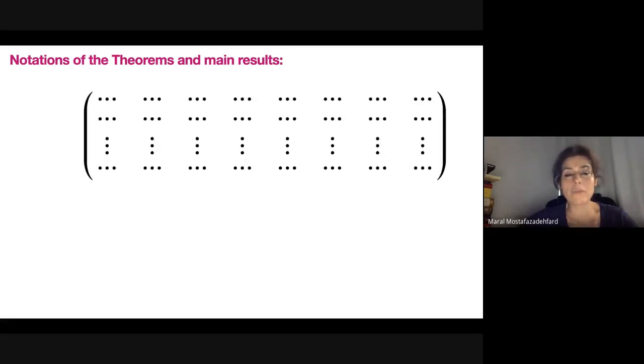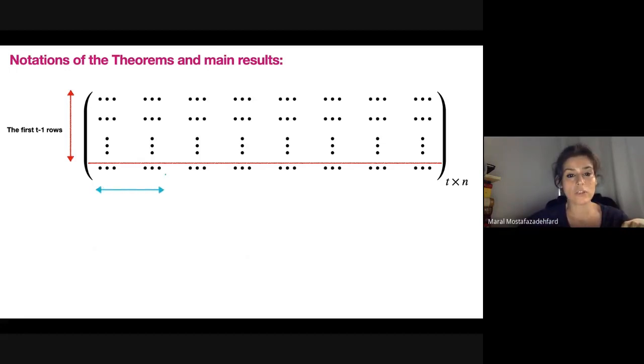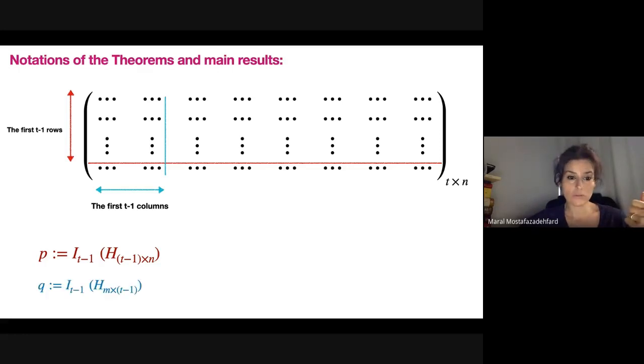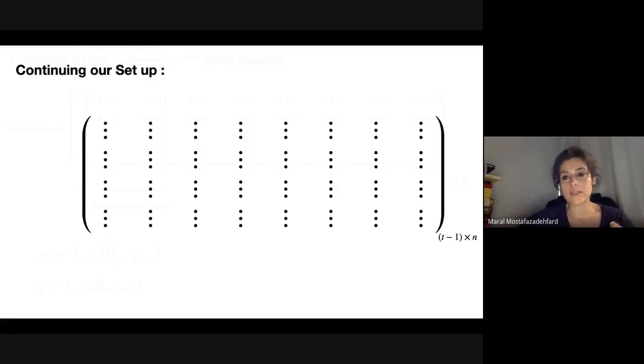First, consider a Hankel matrix of size t by n, and just consider the first t minus 1 rows. So what we are doing is omitting the last row, and also considering the first t minus 1 columns. So we have two submatrices of the Hankel matrix whose maximal minors define two ideals, P and Q. If you keep in mind what they are, you can continue in this setting.